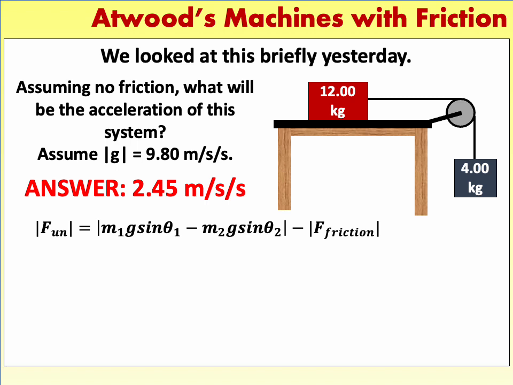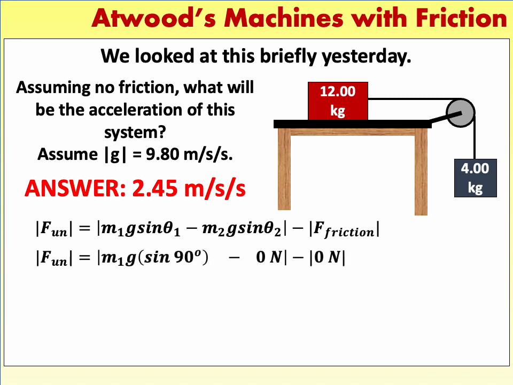And we're calling the red block, the 12 kilogram block, the mass on top of the table, we're calling that mass 2. Horizontal is 0 degrees. So that term that says m2g sine angle 2, that's going to turn into 0 because sine of 0 is 0.